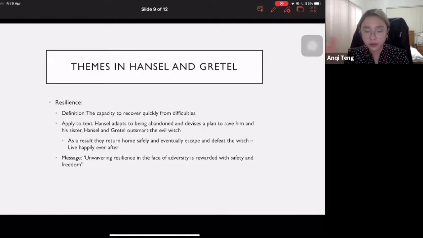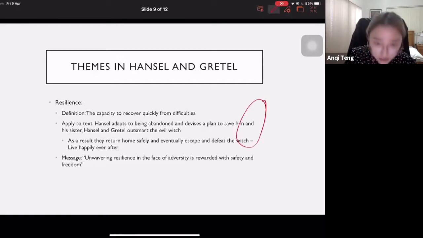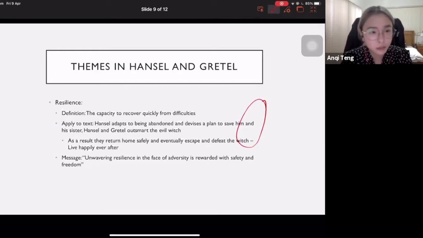We're going to look at cause and effect now. Now that we've identified the definition and the progression of character, we want to put all of this together into a message. I've just given an example message here: unwavering resilience in the face of adversity is rewarded with safety and freedom.